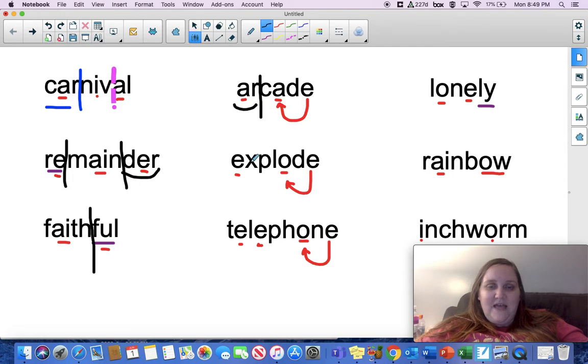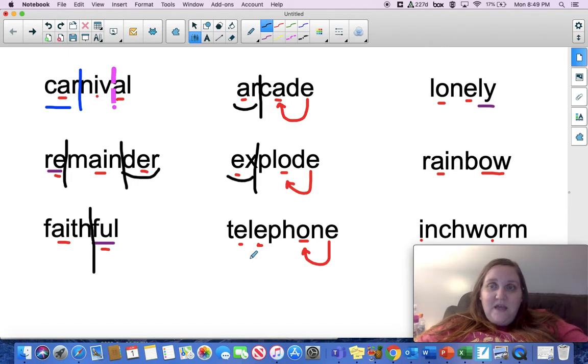All right. XP. I don't typically see XP together, so I'm going to break it there. Now I've got PL. Is that a blend that goes together? That's the pull. So I've got X and then plode. Explode.